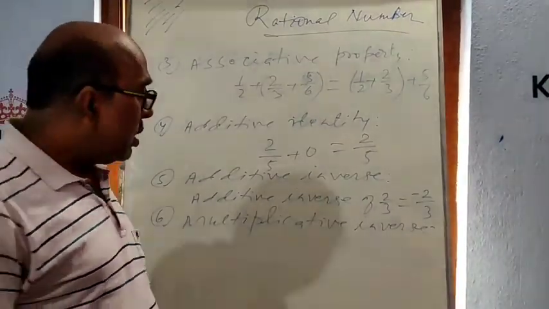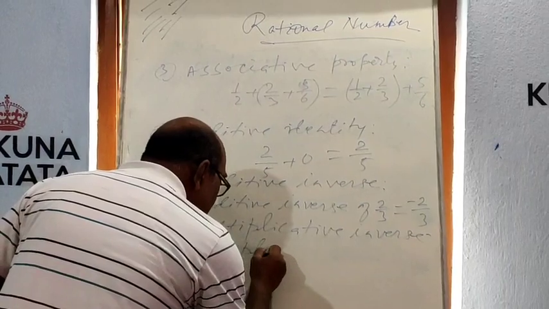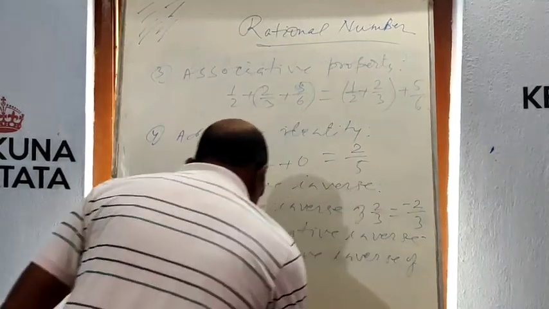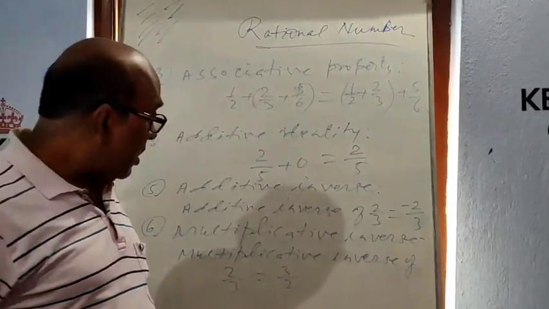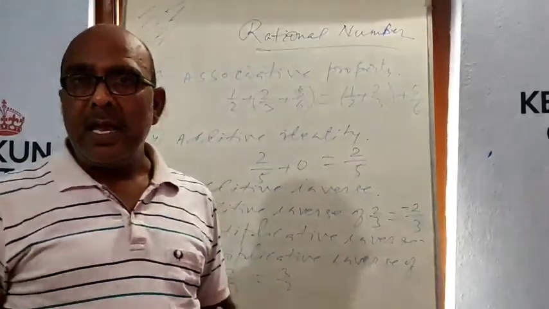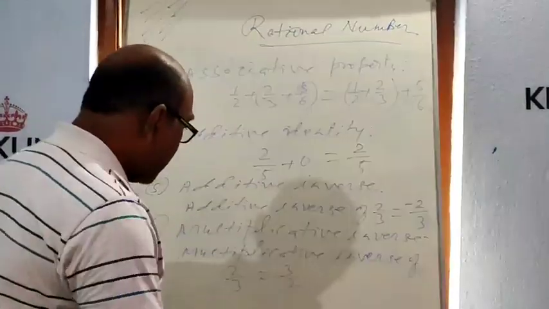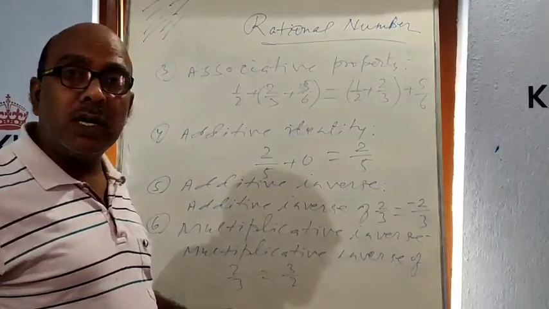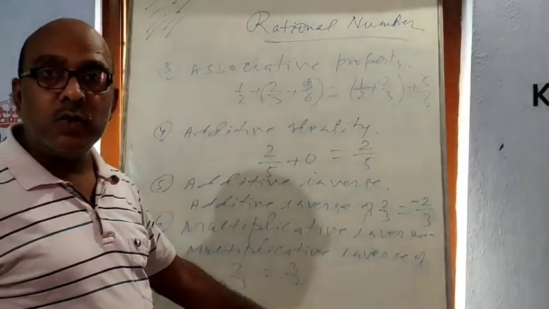For example, multiplicative inverse of 2 by 3 is equal to 3 by 2. And the proof of this multiplicative inverse is when we multiply any number with its multiplicative inverse, we get 1. For example, when 2 by 3 is multiplied by 3 by 2, we get 1. Therefore, multiplicative inverse of 2 by 3 is equal to 3 by 2.